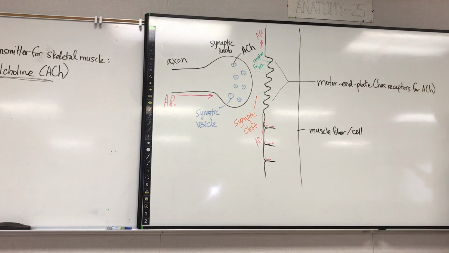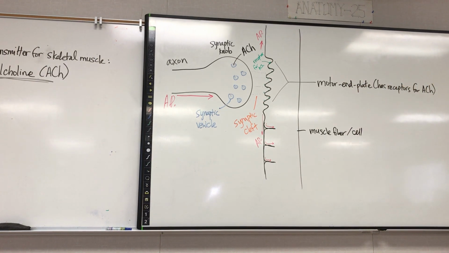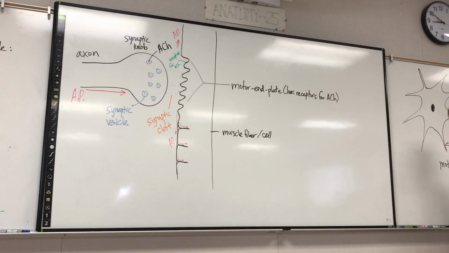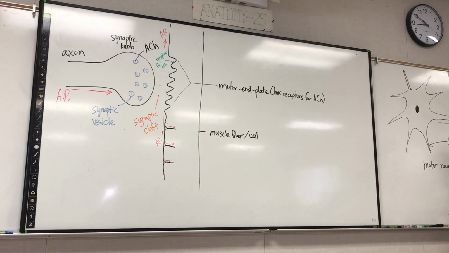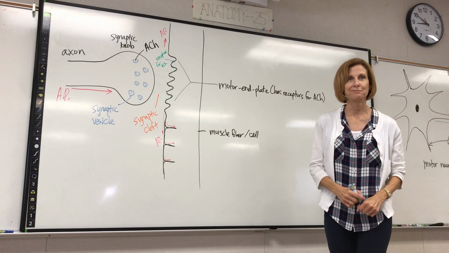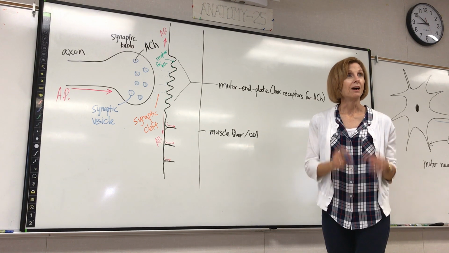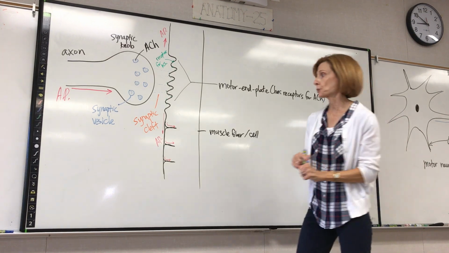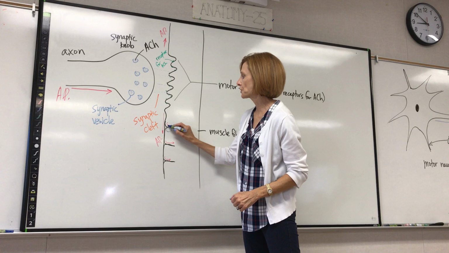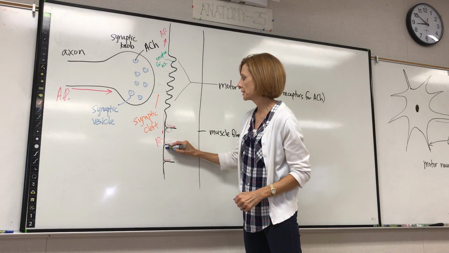Remember, on either side of the T-tubules, we have those little sacs, right? What are the little sacs called? On either side of the T-tubules, we have terminal cisterns, right? So terminal cisterns would be on either side here.